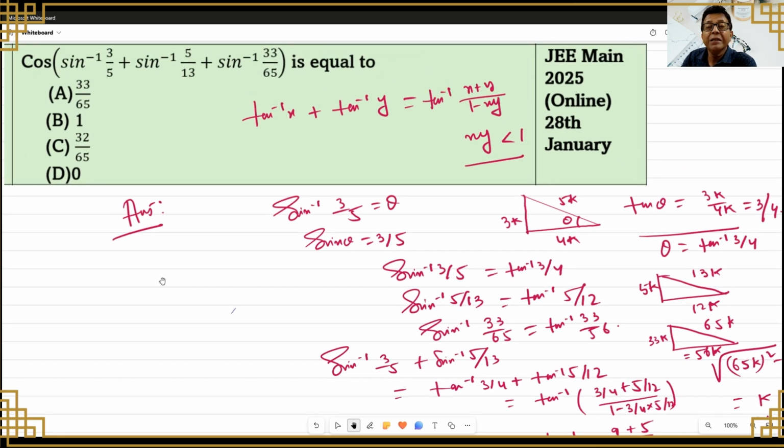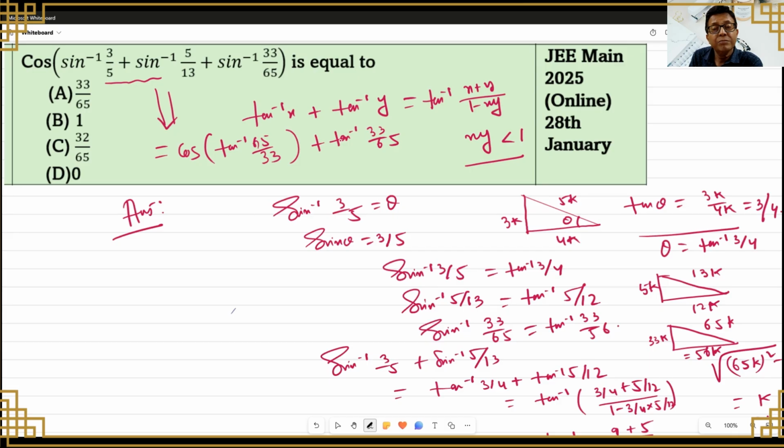So what you are getting there, when you add all these, it is changed to cos of tan inverse 65 by 33, this plus, okay, I mean this is cos of this plus this.